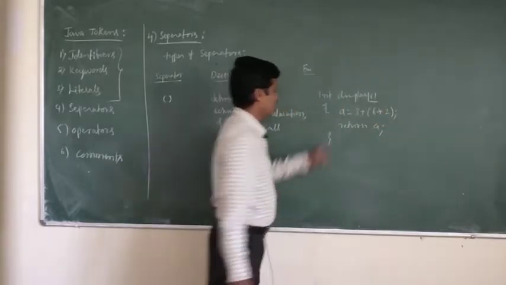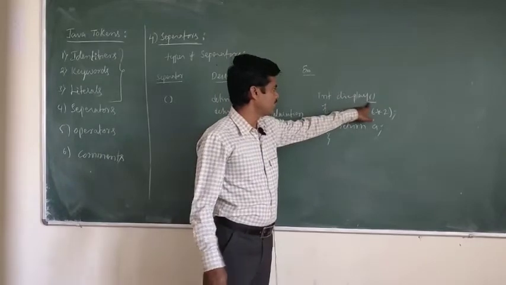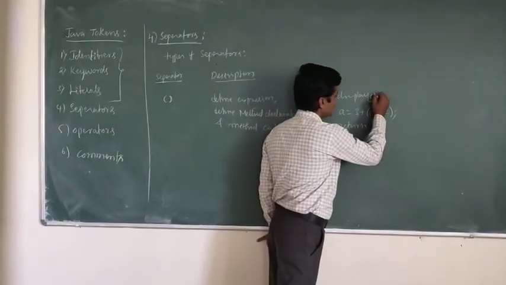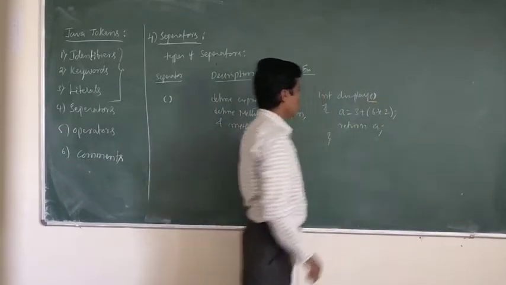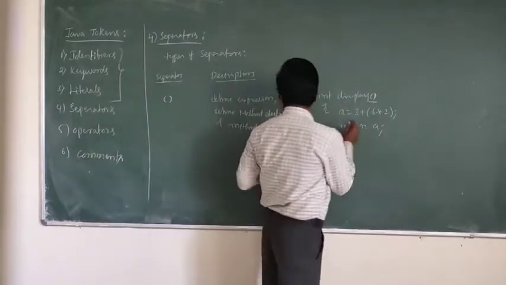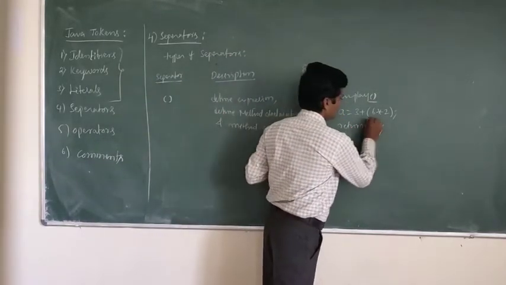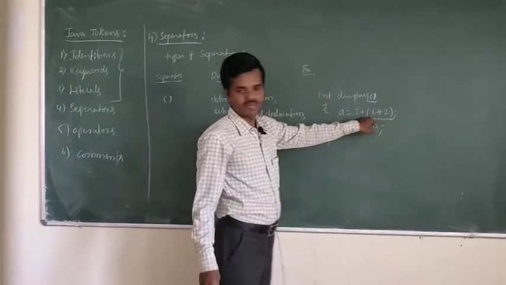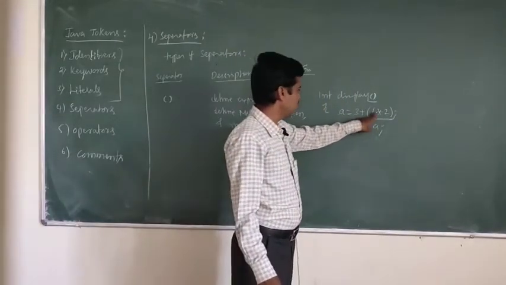So here the method name is display. This can be defined by using the parenthesis symbol. Methods can be defined by using the parenthesis symbol, or you can also use this parenthesis symbol to define an expression. Here I am defining a mathematical expression, 6 into 2.